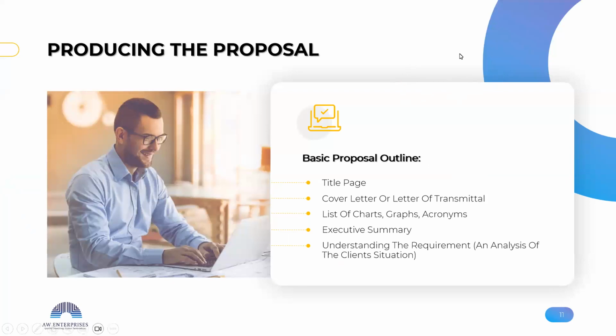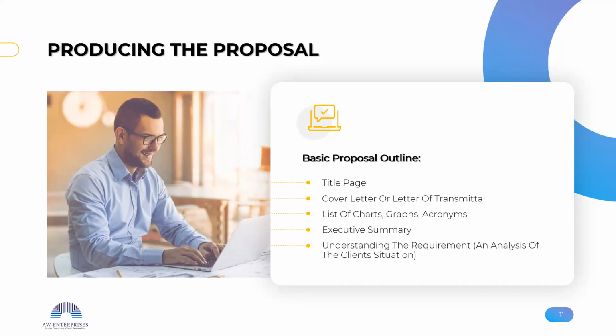Producing the proposal is the next step. Okay. So let's look at a basic proposal outline. Title pages and cover letter and all of that, usually that's done at the end. But when you first get started working on a proposal, you're going to talk about the various sections and who's going to be writing what.